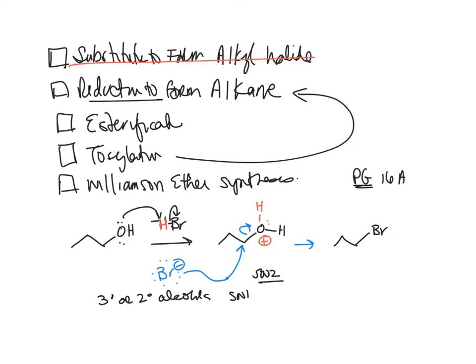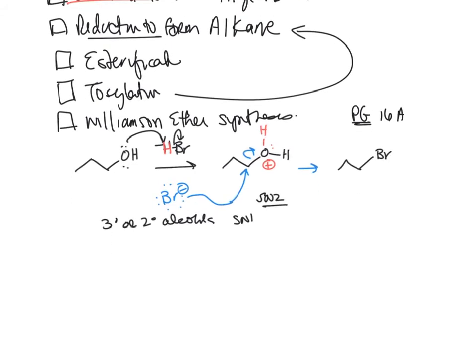Let's look at what that would look like real quick. Nice little review here. Let's say here we have a secondary alcohol, and we're reacting it with HBr. You're going to get protonation, because OH is a horrible leaving group.